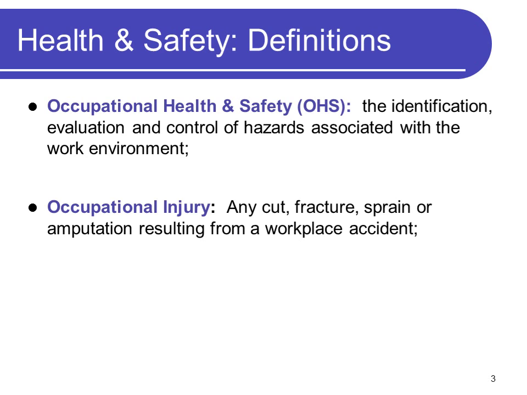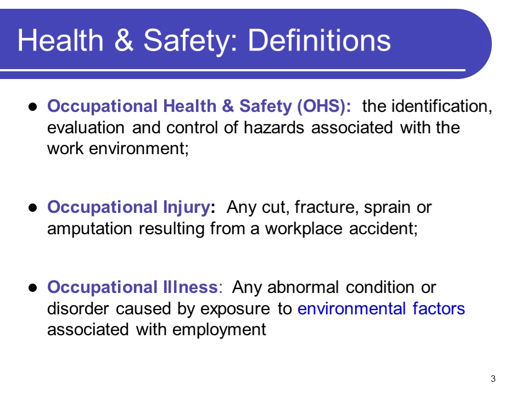Occupational injury is any cut, fracture, sprain, or amputation resulting from workplace accidents. And occupational illness is any abnormal condition or disorder caused by exposure to environmental factors associated with employment.